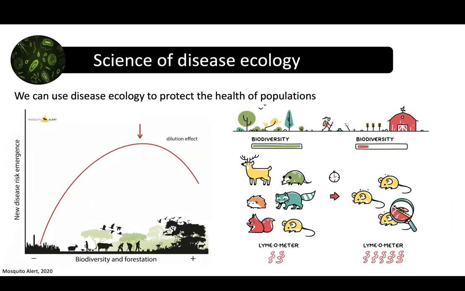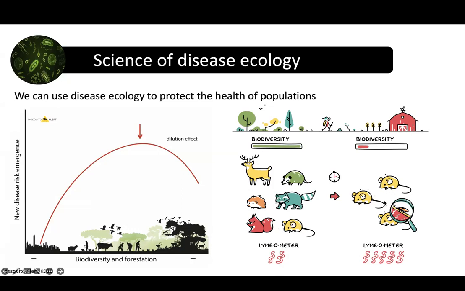We can also use disease ecology to protect the health of populations. One example that is pretty specific to tick-borne diseases, Lyme disease, is something called the dilution effect, which implies that where species vary in susceptibility to infection by the pathogen, with higher biodiversity, or more mammals that can possibly be infected around, there's actually less Lyme around.